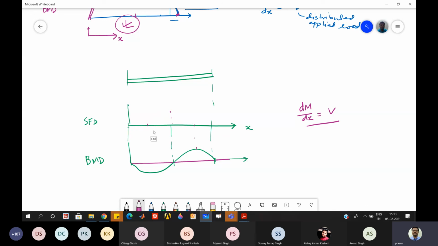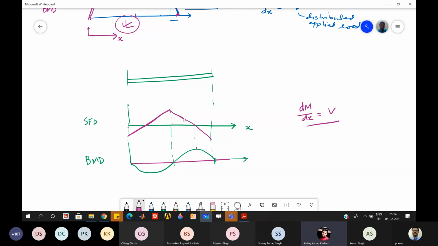Sorry, it's going off. I'm using a tablet where it is sometimes difficult. Yeah. So something like this, right? Isn't it? Or are you confused a little bit?